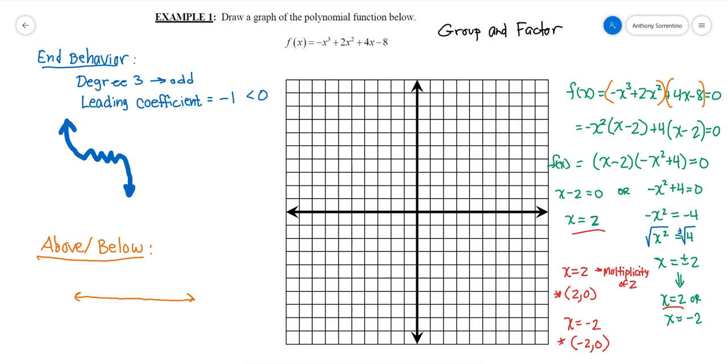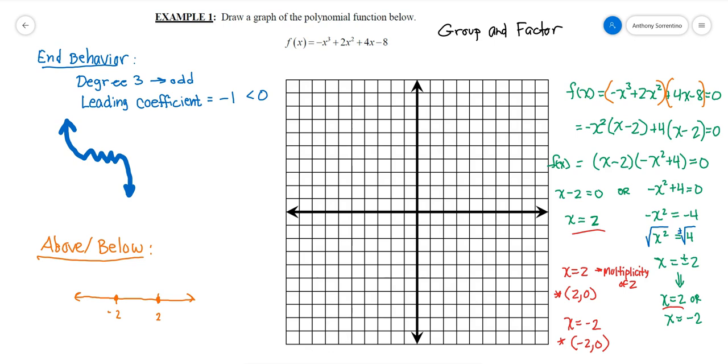So I'm just going to set up a little number line here just to keep track of where the x-intercepts are. We have negative 2 and we have 2. And now I know these are zeros. I want to get an idea if the graph is above or below the x-axis based on what numbers I plug into this.